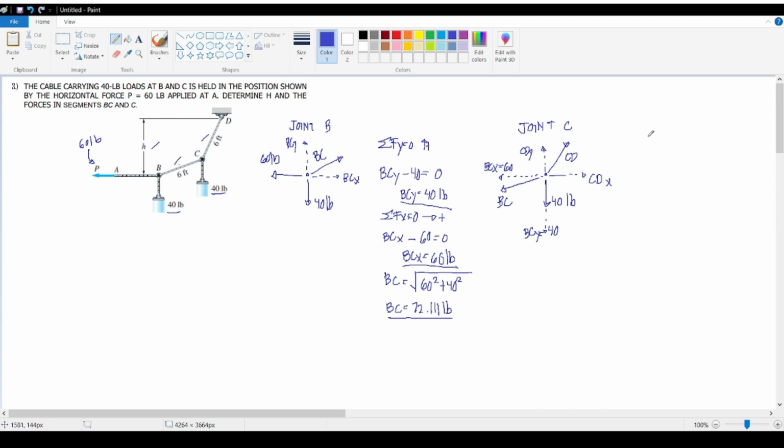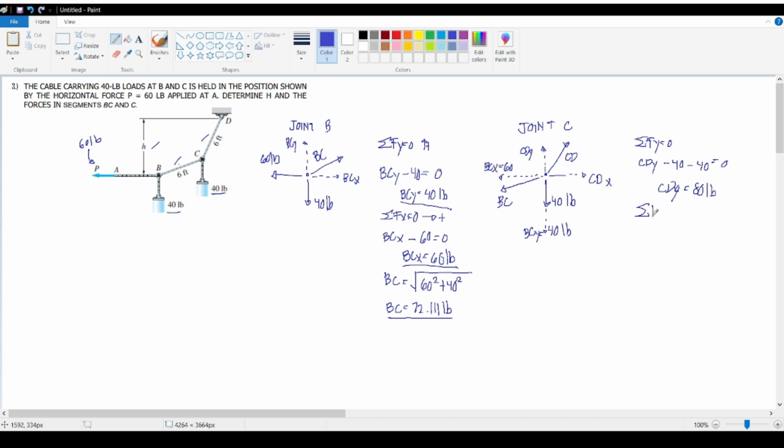Let's do the summation of forces along Y and the summation of forces along X. For the summation of forces along Y, we have an upward CDY, and let's subtract the 40-pound force and another 40-pound force, since this is the 40-pound force caused by this weight and this is the 40-pound force caused by the Y component of BC. So CDY is equal to 80 pounds.